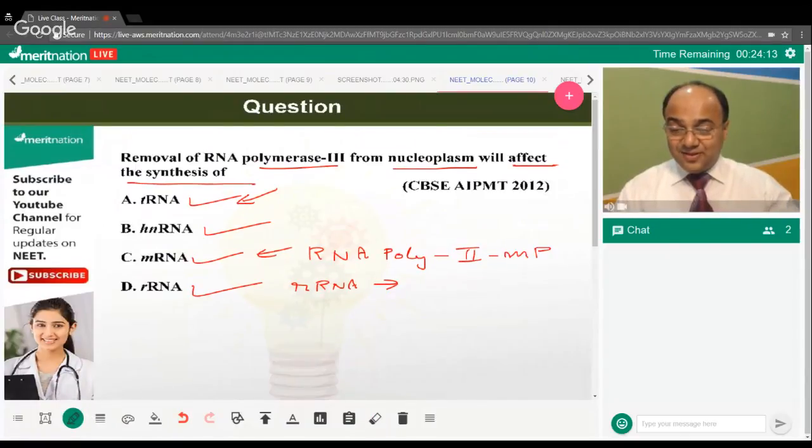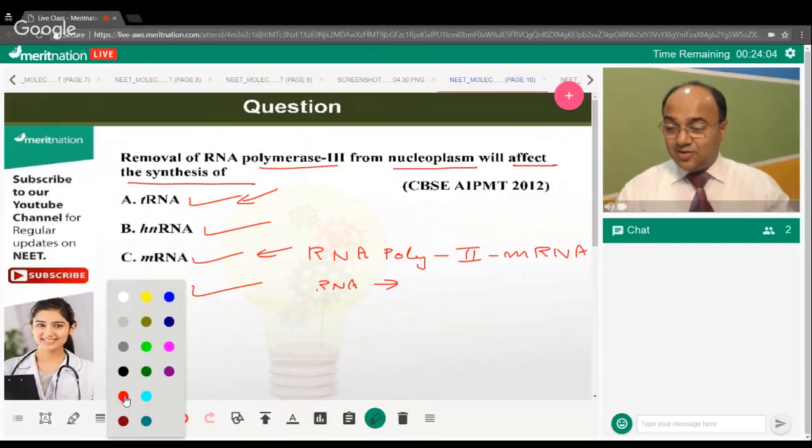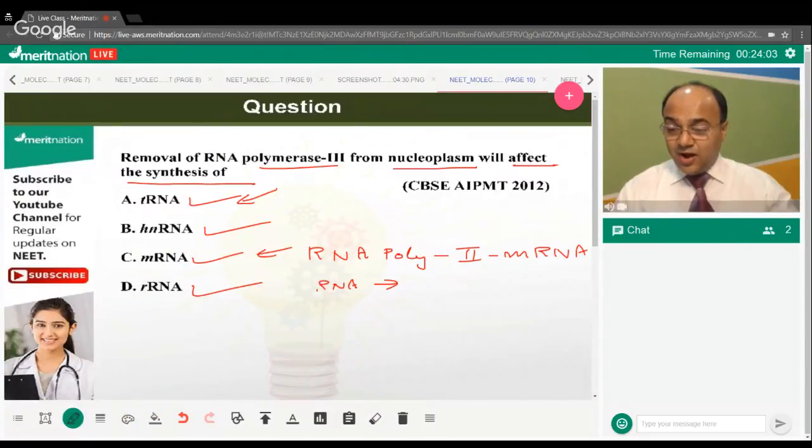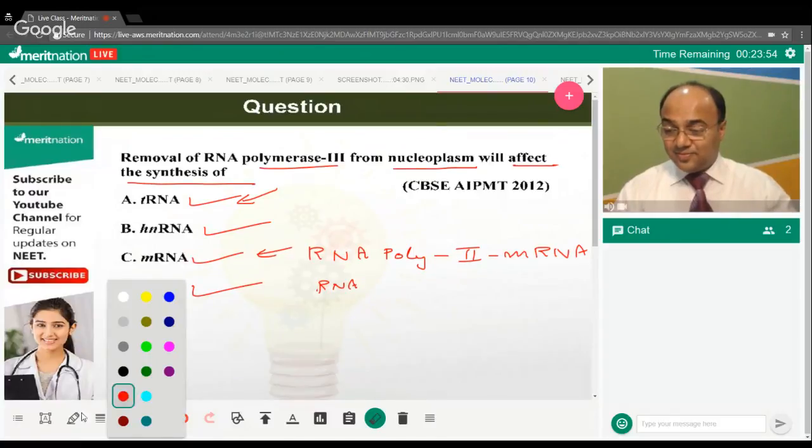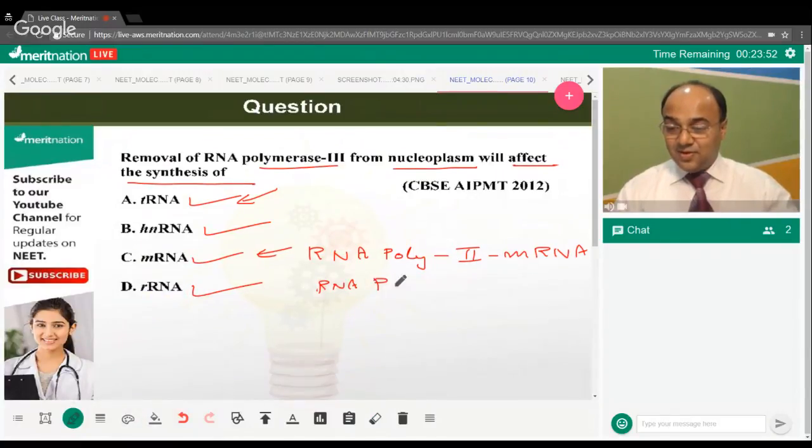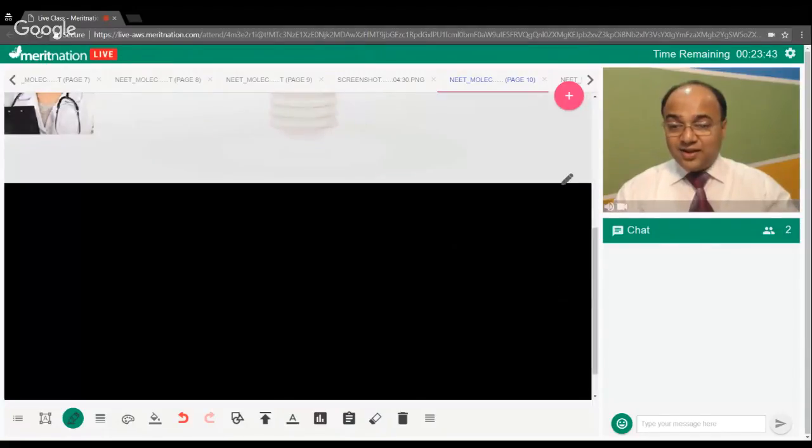Yes, your RNA polymerase 1 will synthesize your rRNA. Absolutely correct, Akanksha.